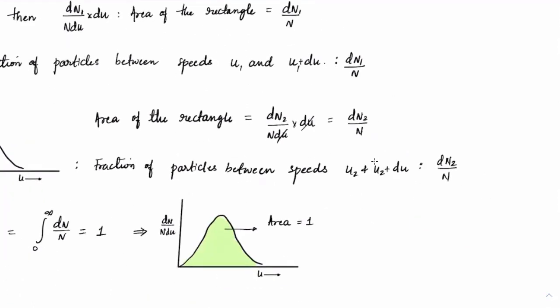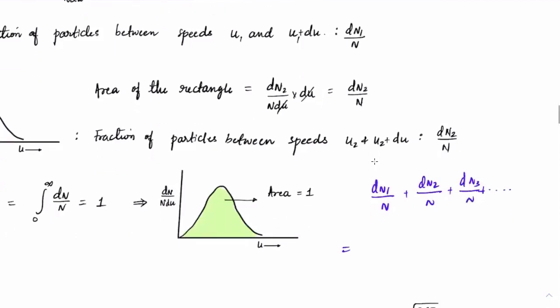It will be dn1 by n, this fraction, plus further fractions. If I add all these fractions, what should I get? Combined, it should come out as n by n, so it should be 1. That's why the area under the curve should come as 1.